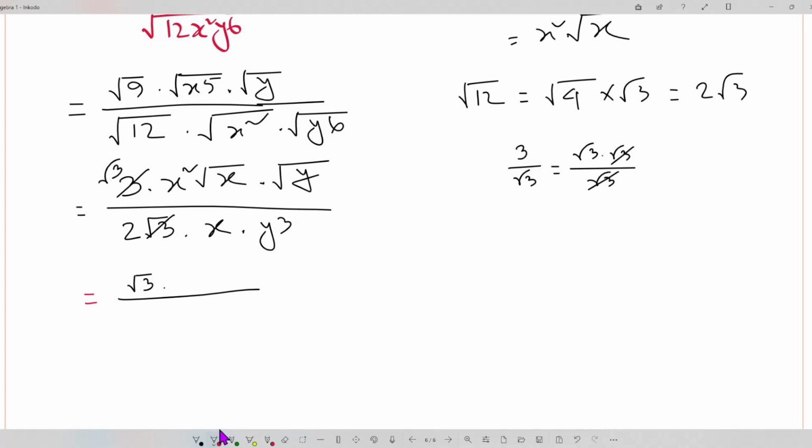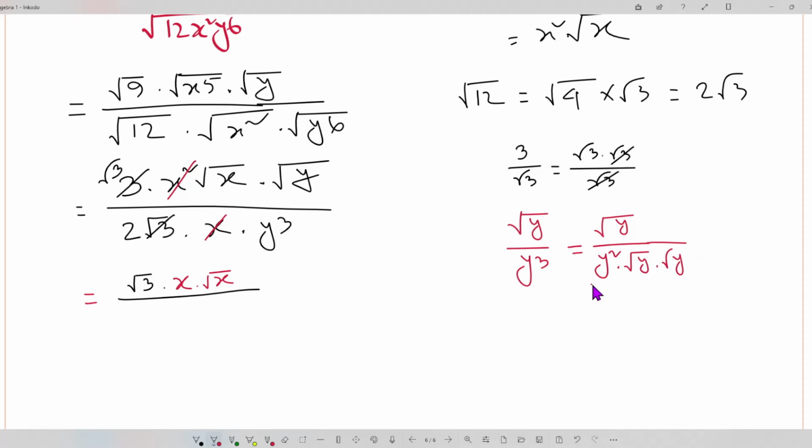Here is x square, look, here is x square and here is x, it means here is only x. Okay, so root 3x times root x. How about here is root y and here is y cube. Root y divide y cube, we can write y cube as y square times root y, the same thing.